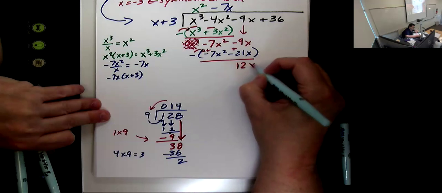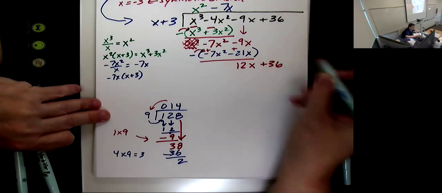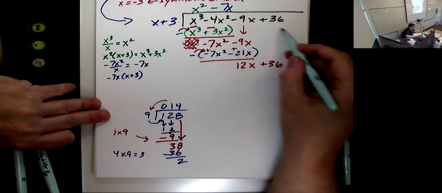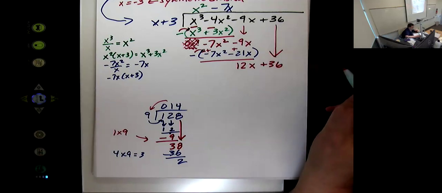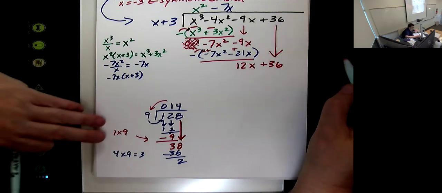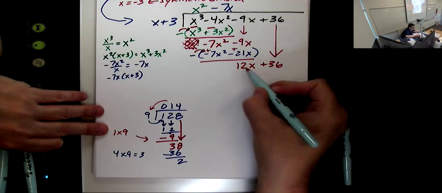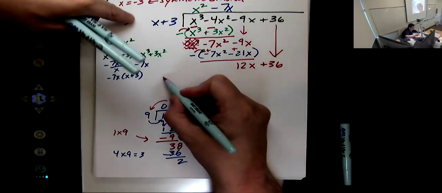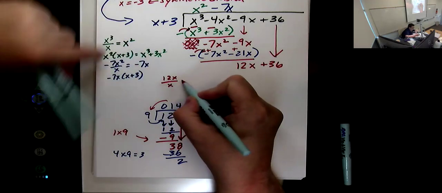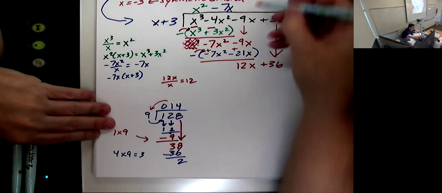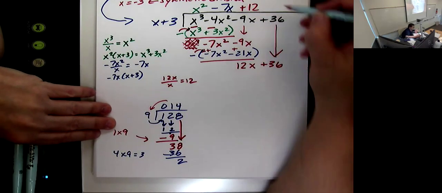So I have 12x plus 36. Bringing down the 36. And we'll do our final form of long division. 12x divided by the x here is just 12. It's a positive 12, so I'm gonna say plus 12.